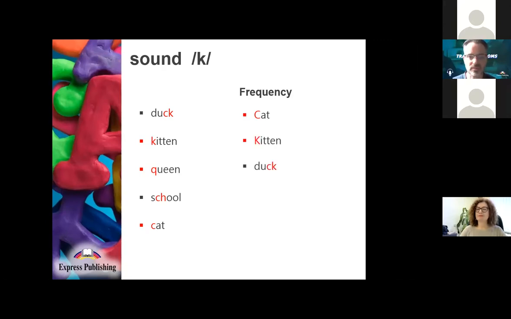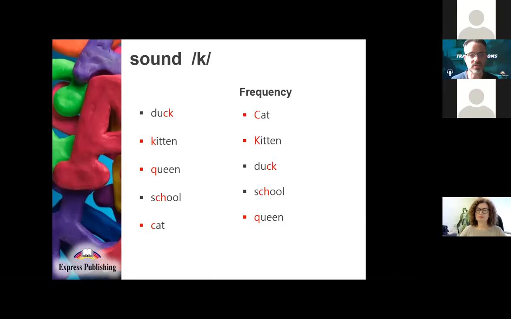And then we have duck, the CK, and the CH, the digraph there. And then we have the Qu for queen. So again, what I'm trying to indicate here is that there is access to the frequencies of these written forms of the sounds, and we use these to guide us through.